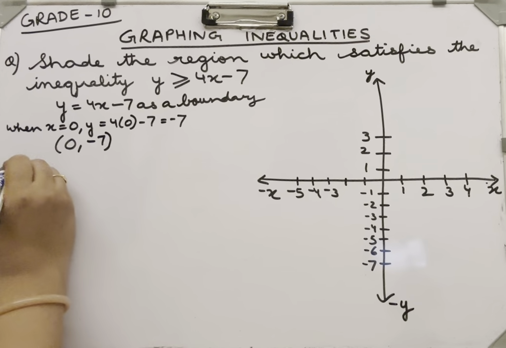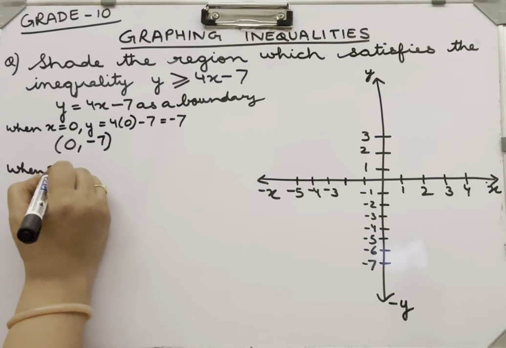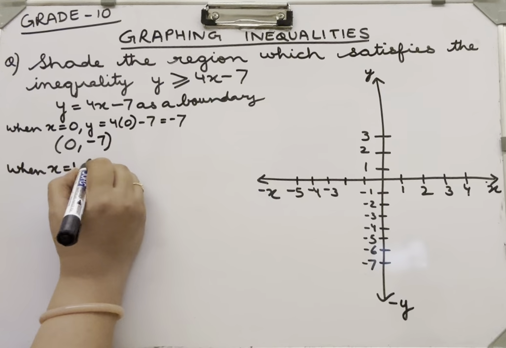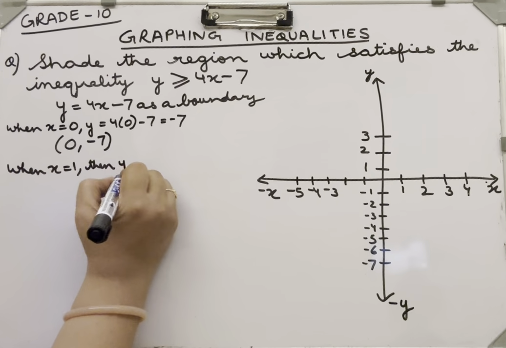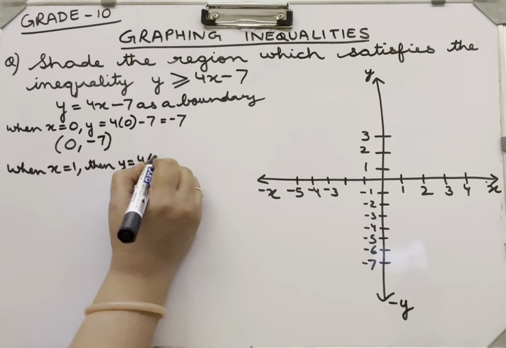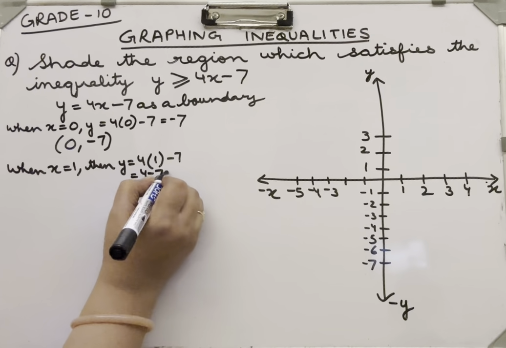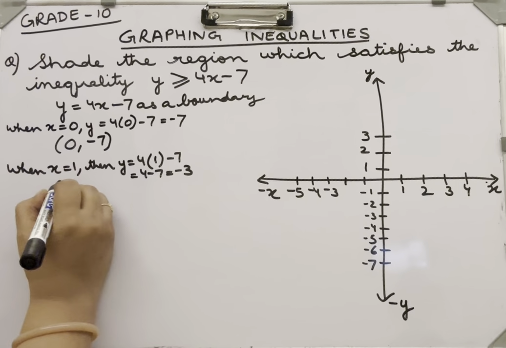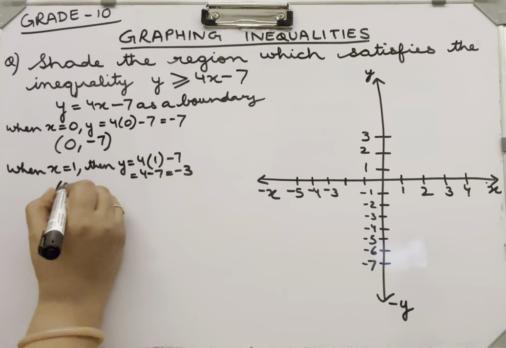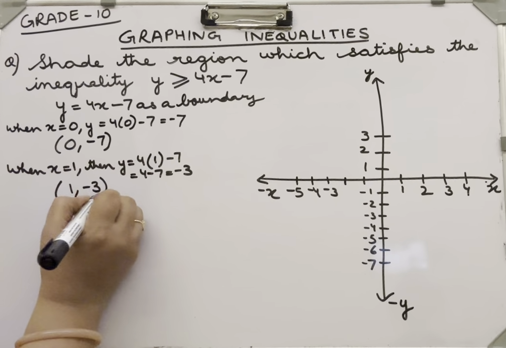Next, when x is equal to 1, then y will be 4 multiplied by 1 minus 7, which is 4 minus 7, which is minus 3. So the coordinate values are 1 and minus 3.